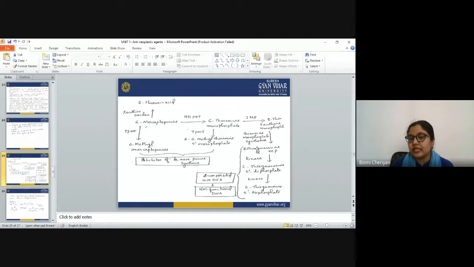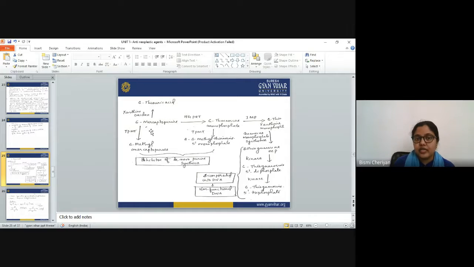When this drug is incorporated in the DNA, miscoding happens. When the miscoding happens, the DNA is damaged and the function of the DNA is also damaged. So that is the way to decrease the synthesis of further DNA or further cells.